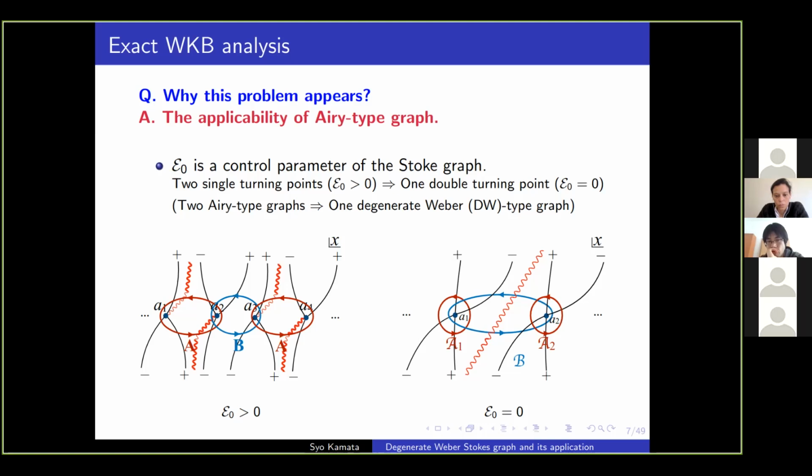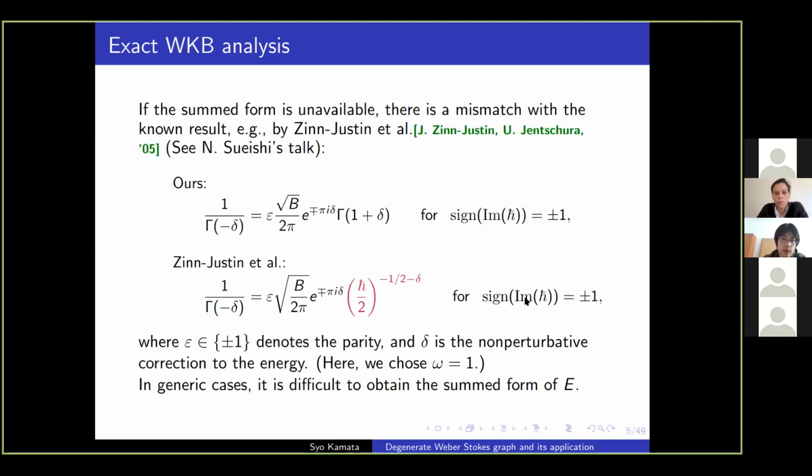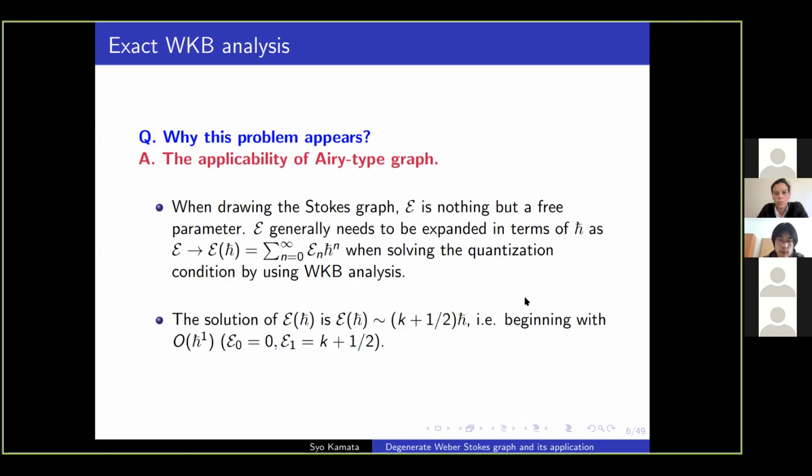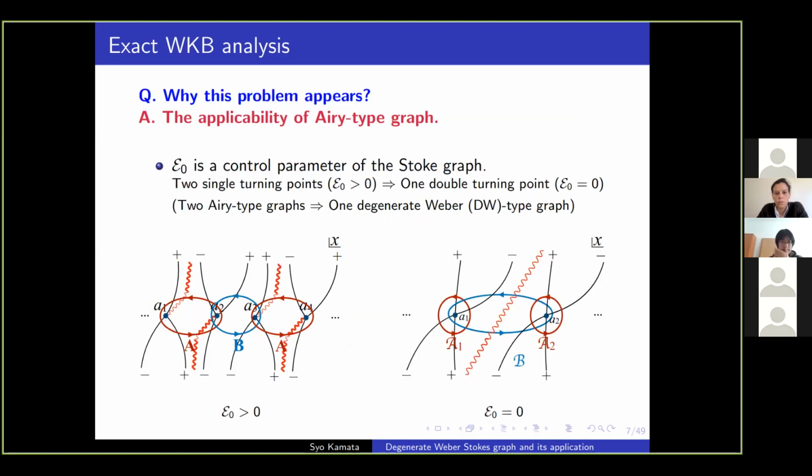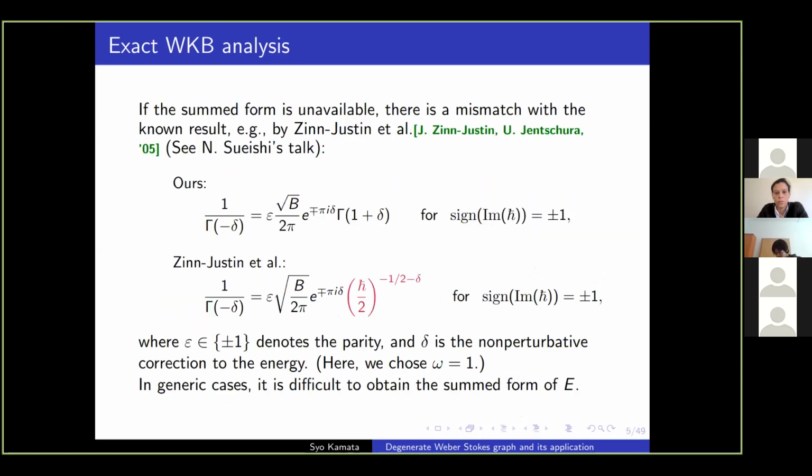If we are looking for the quantization condition and subsequent bound state spectrum, it doesn't matter which choice of Stokes graph we start from. Yes, indeed. The two quantization conditions look different, but actually are equivalent.